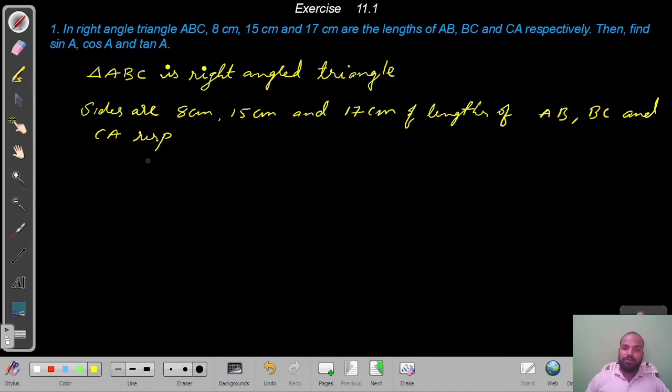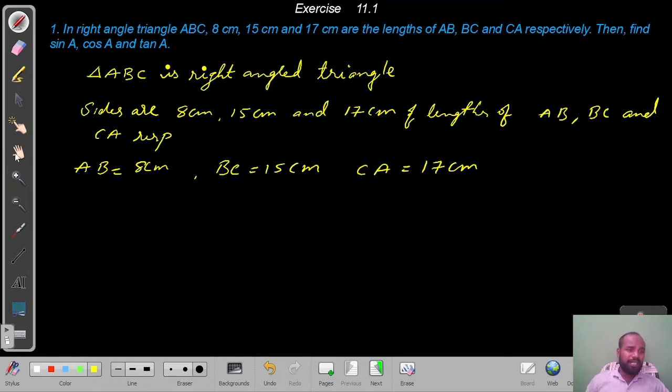So AB equals 8 centimeters, BC equals 15 centimeters, and CA equals 17 centimeters.